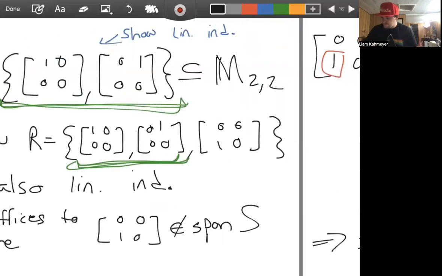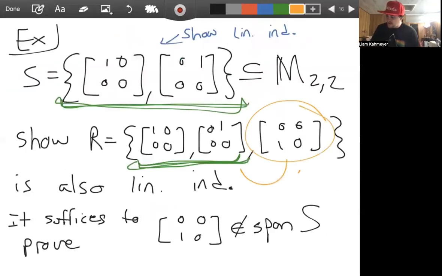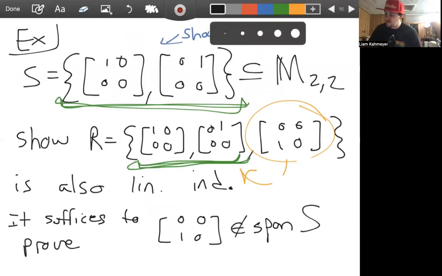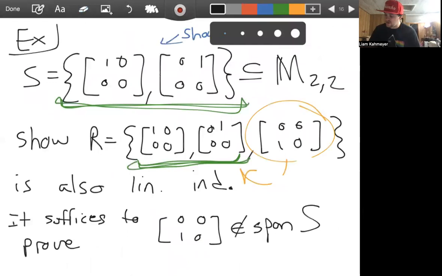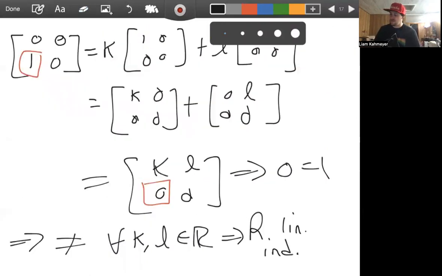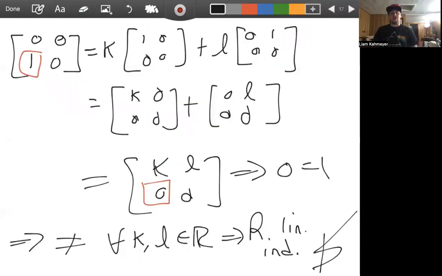Because we've shown that this element is not in the span of S. And so since it's not in the span of S, we can conclude by this previous lemma that that collection R is linearly independent. Okay, so this will wrap up our discussion and examples for looking at linear independence and understanding linear independence in a more generalized setting.